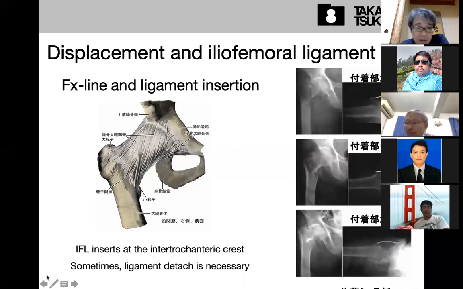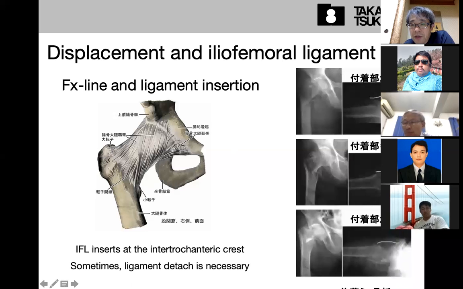And this one is if the fracture line is inside this ligament. Sometimes it can cause the intramedullary type of displacement. But furthermore, this ligament, this one and this one, is sometimes an obstacle to the reduction.